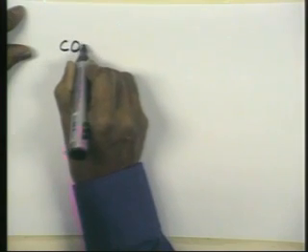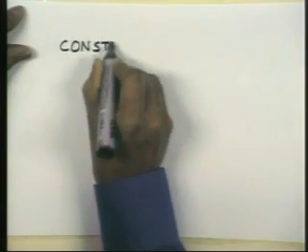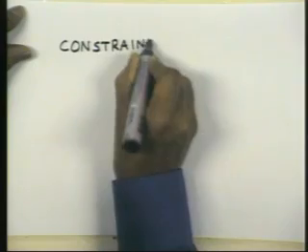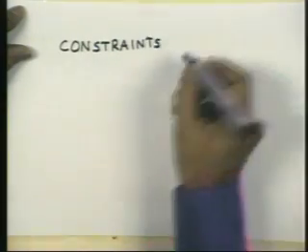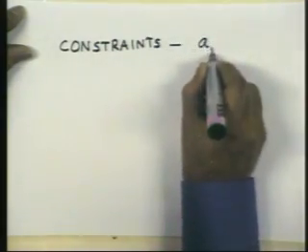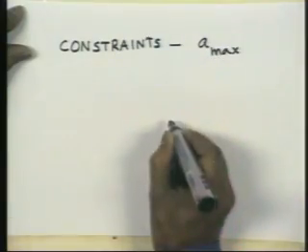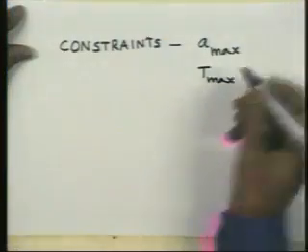So, we will talk in terms of certain constraints coming from the joints, actuators and other considerations that will affect our planning. So, we look at, for example, what we call the joint constraints. So, maximum acceleration or the maximum torque that the actuator can exert. So, T max for example, and so on and so forth.